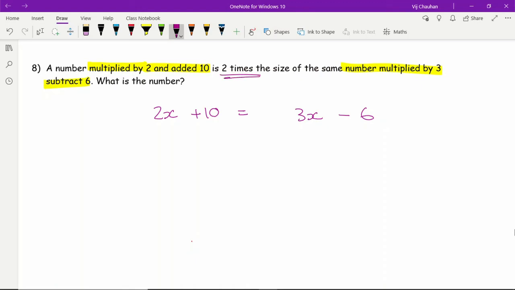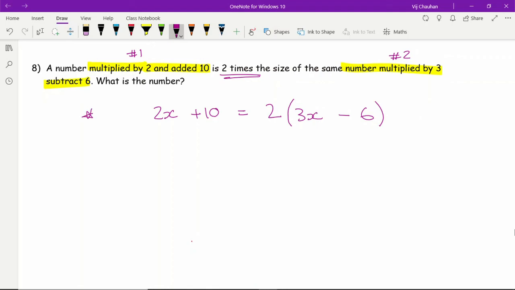If we call this first expression hashtag 1 and this side hashtag 2, then what this question says is that hashtag 1 is twice the size of hashtag 2. So in order for these to balance, hence the equal sign, I'm going to need 2 lots of hashtag 2 because hashtag 1 is twice the size. It seems a bit confusing, but hopefully that does make a little bit of sense.